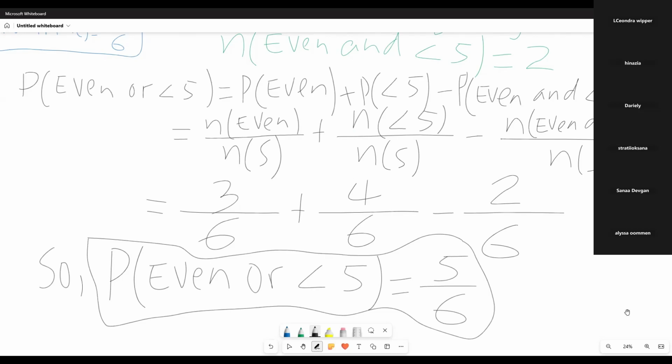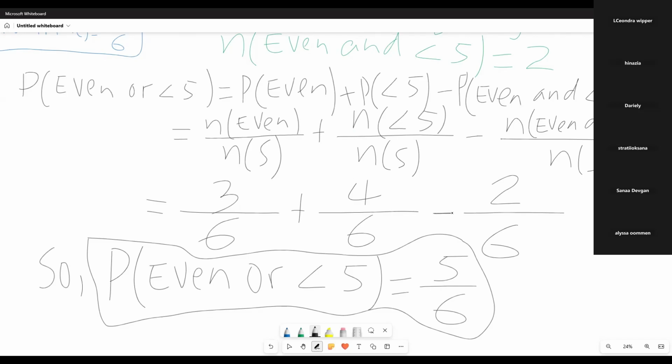You see over here? 3 plus 4 is what? 3 plus 4 is 7, right? 7 over 6 will give you a number that is greater than 1. As you know, the probability cannot be greater than 1. That's why you need to remove the overlap.